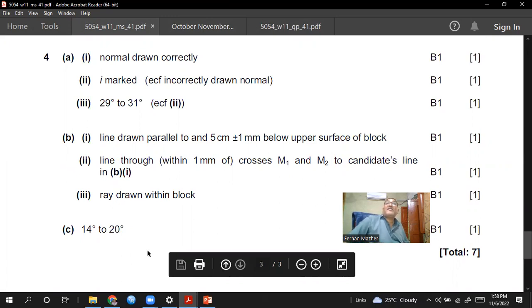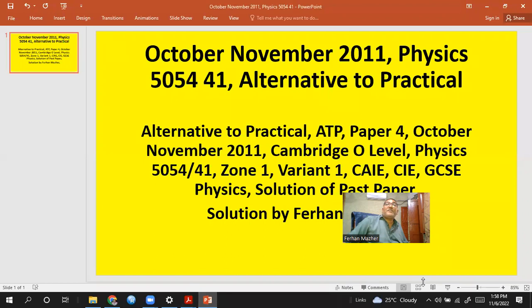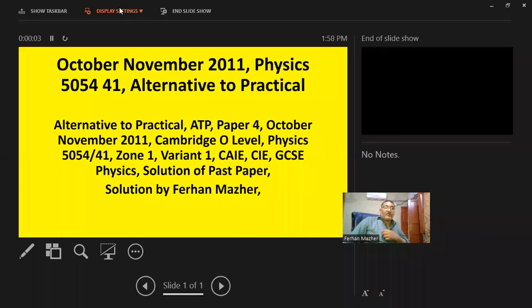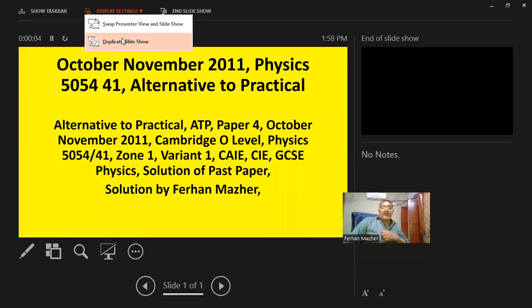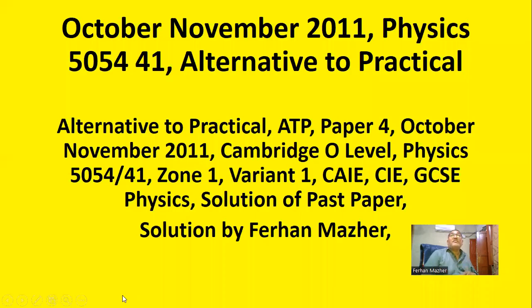So I think our answers are right. We are done with this paper today, my dear students. Today we have done the October/November 2011 Physics 5054/41 alternative to practical paper.